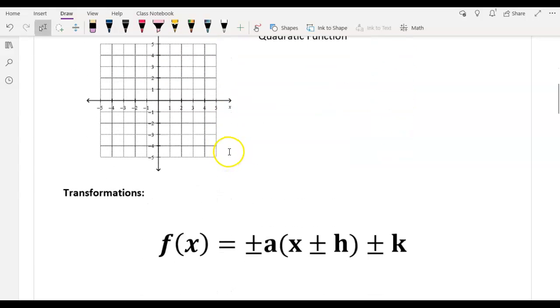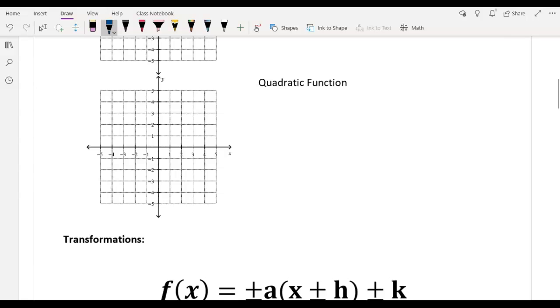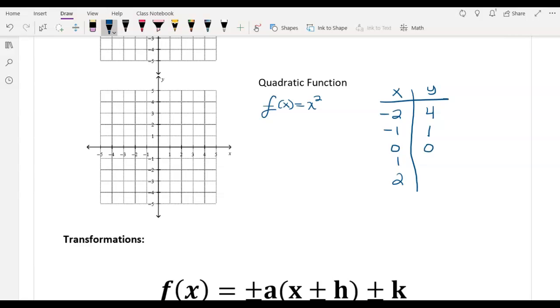Next, let's take a look at the quadratic function. A quadratic function says f of x equals x squared. So when we go ahead and make a table of values, we have x, we have y. We'll use our 5 trusted values, -2, -1, 0, 1, and 2. -2 squared is -2 times -2, which gets us that +4. -1 times -1 gets us +1, then 0, 1, and 4.